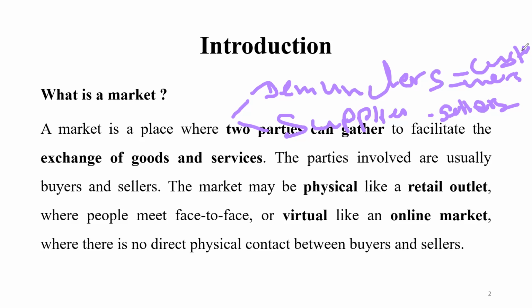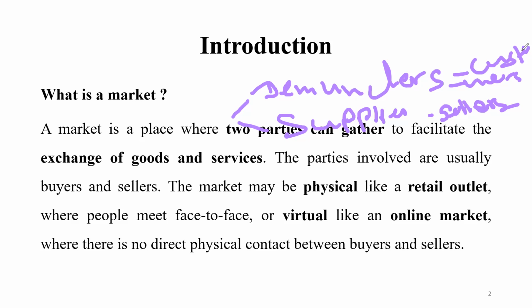The market may be a physical location, like the retail outlet, the wholesale outlet, the fair, or the supermarket. But nowadays we can see buyers and sellers without meeting face to face.